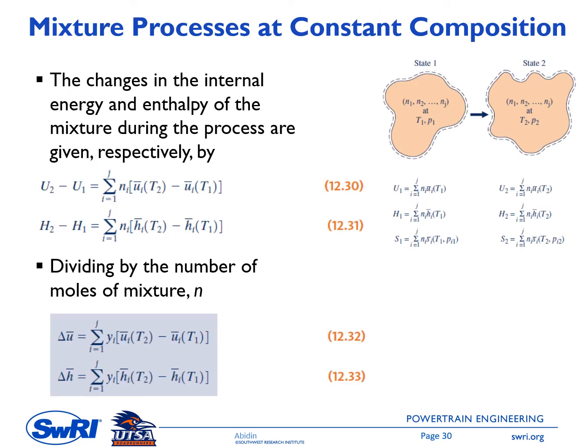Next one is mixture processes at constant composition. On the right side is a schematic of a system with a mixture as the working fluid at state 1. We have a system with temperature and pressure T1 and P1, and it consists of n1, n2 through nj, the mole numbers of component 1 through component j.